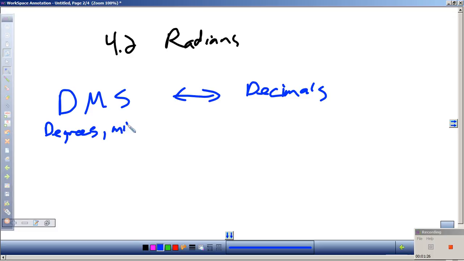Yes, degrees, minutes, seconds. So we can measure an angle in seconds, or we can measure it in minutes or in degrees. And that's all basically the same unit.